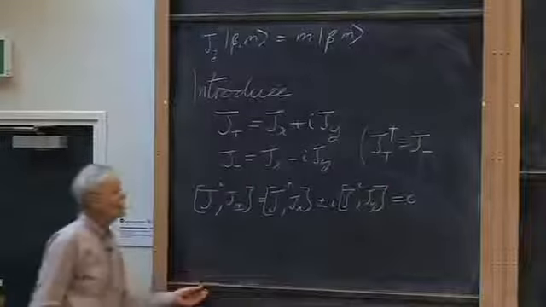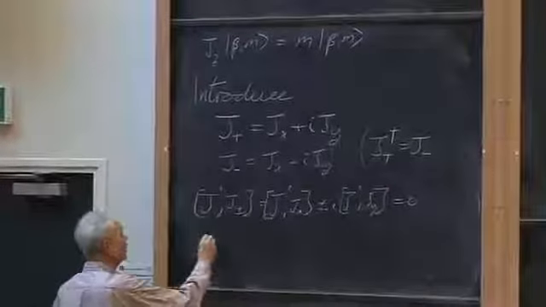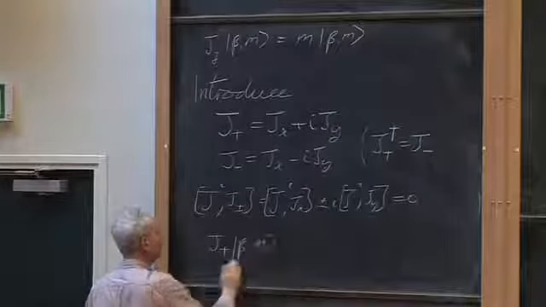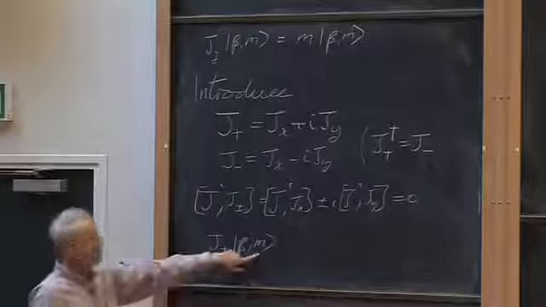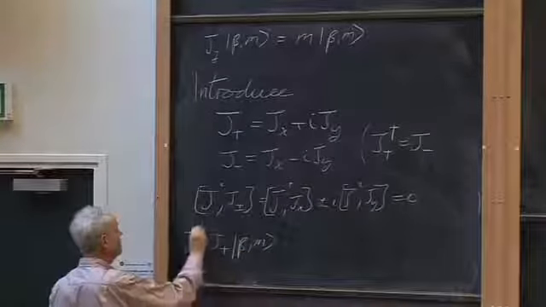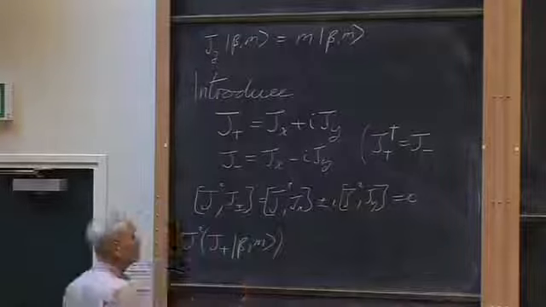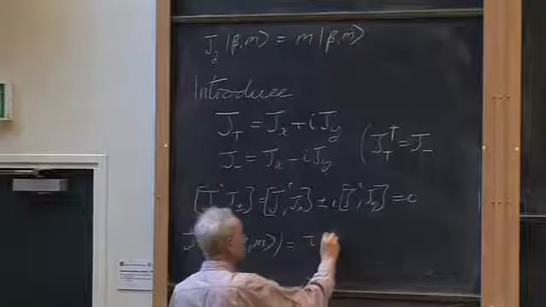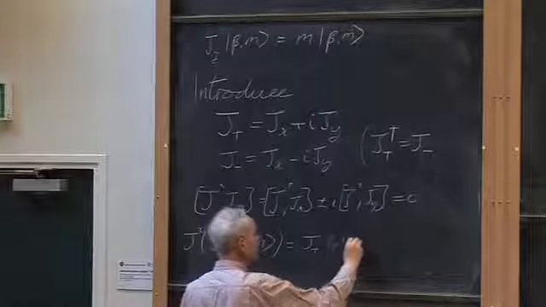What does that tell us? That tells us that if you take J plus of beta m, you use this non-trivial operator on this state, you get some other state. What can we say about this other state? Well, one thing we can say is that J squared applied to it, because you can swap these two over, is the same as J plus J squared beta m.